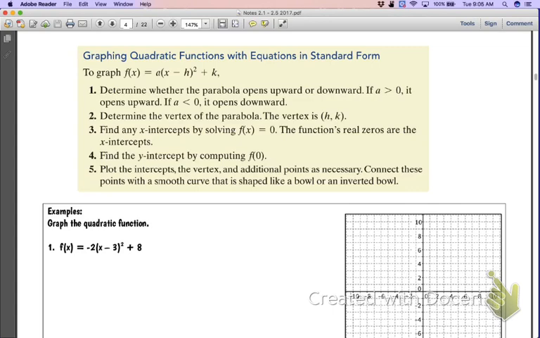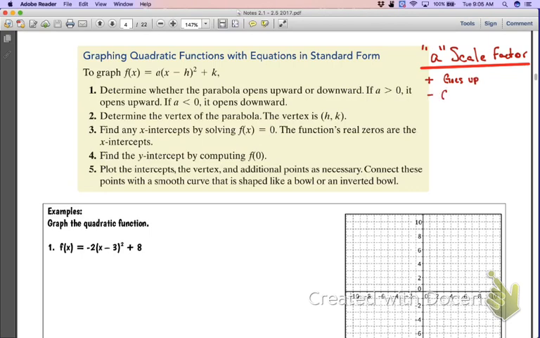With anything. So whenever you have vertex form, or what the book is calling standard form, basically remember that a is your scale factor. A couple things to remember, and you already had a lot of this whenever we talked about the transformations. If it's positive, it goes up.